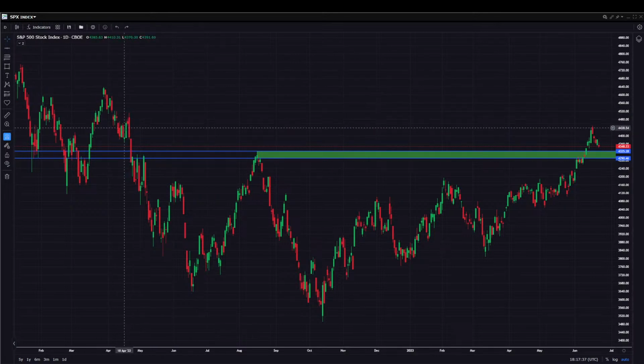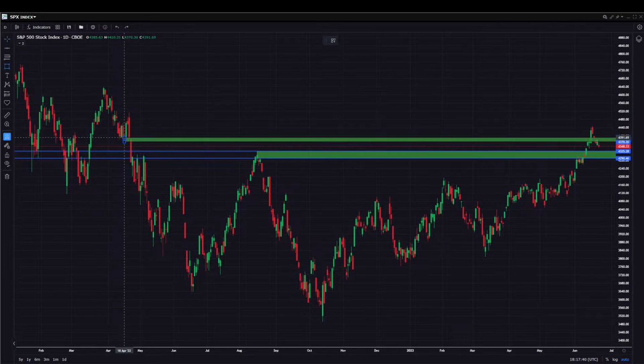As you can see, this retracement here, I did have this level on SPX.